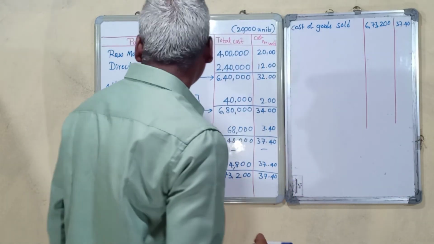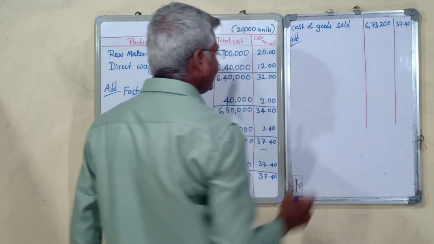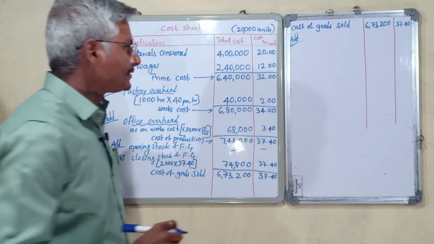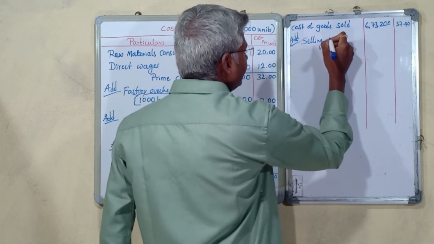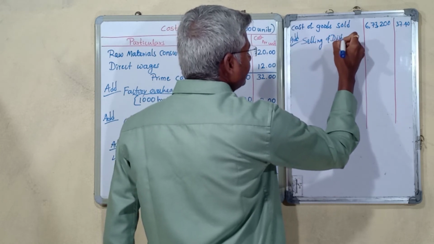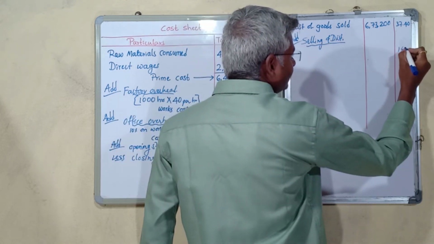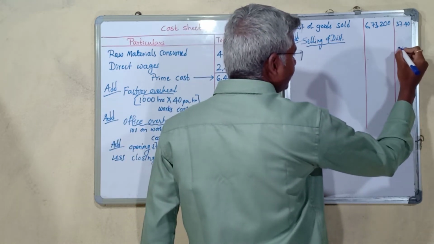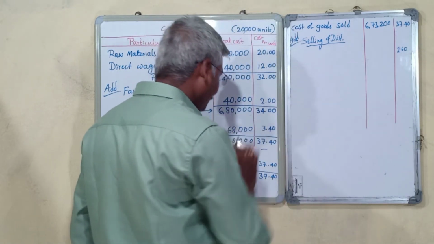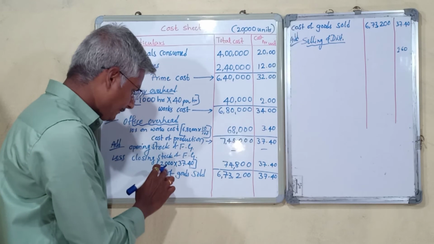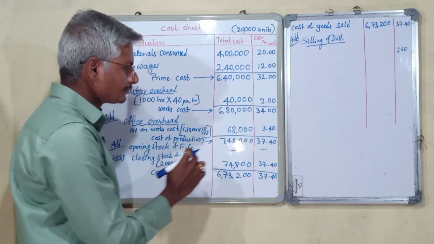Then for this we need to add one more overhead, that is selling and distribution overhead, 1 rupee 60 paisa per unit. Then we need to charge only for goods sold. How many units of goods sold?